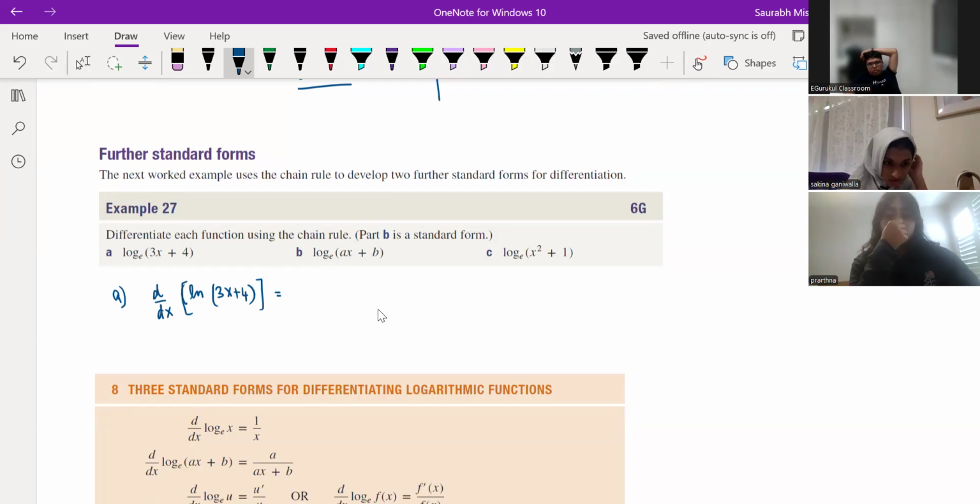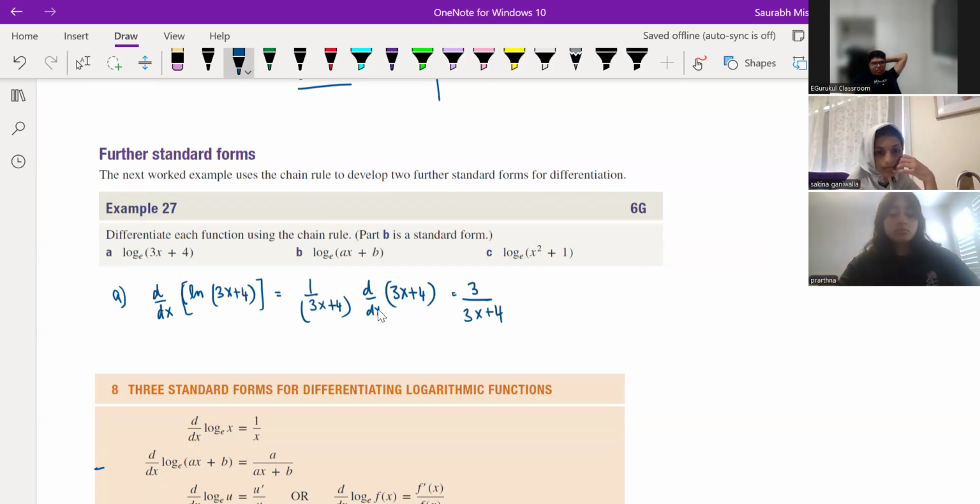Is it just 1 over 3x plus 4? So it will be 1 over 3x plus 4, but we can also differentiate 3x plus 4, right? Because we only know about x, so that will give you 3 over 3x plus 4. Clear? And this is the formula, but I want you to remember the chain rule. This is a chain rule.